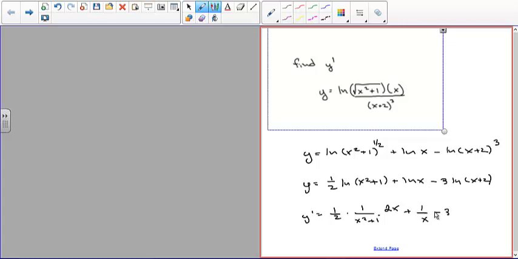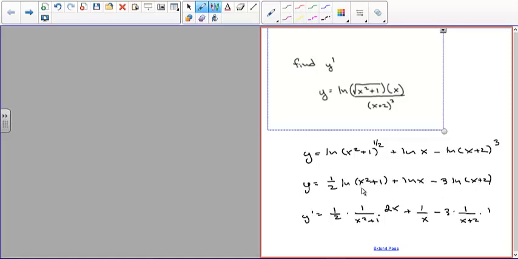And then the last one, you get 1 over the argument times the derivative of the argument, which is just 1 in this case. So when you have just x, or you have x plus or minus something, it's just 1 over that thing. In this case, I don't have to use the chain rule because I just have x. But if I have something other than x, theoretically I should use the chain rule, but it ultimately ends up just being 1 over that.